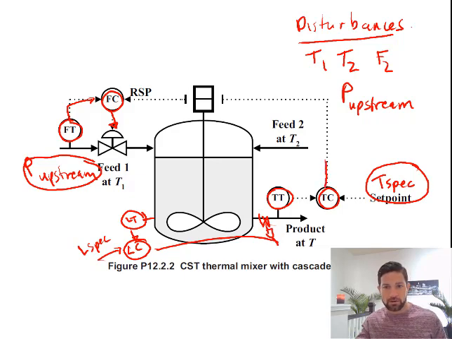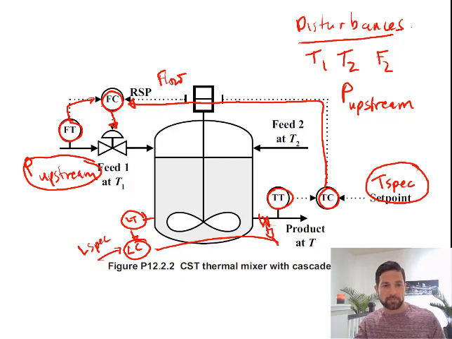This controller is going to provide the remote set point to our inner controller. So this is going to be a flow rather than a valve position. The inner controller is going to take the measurement of the flow, compare that to the flow set point that's set by the primary control loop, and change the valve.